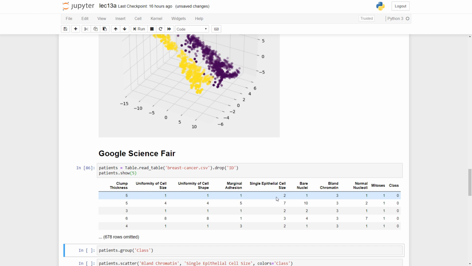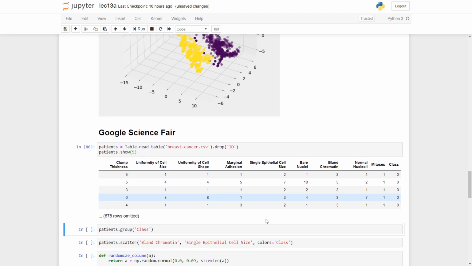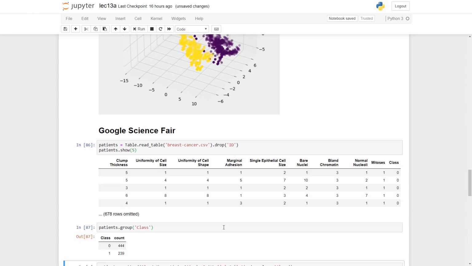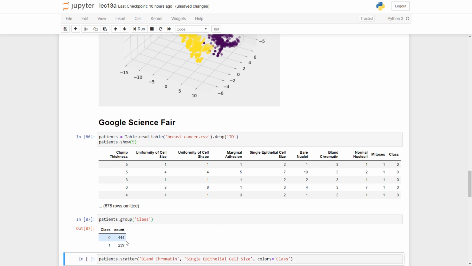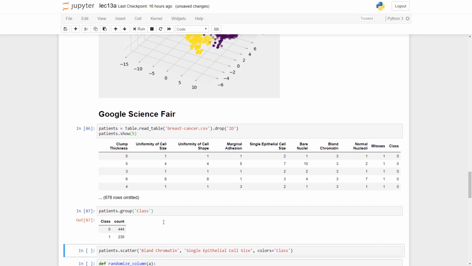So each row here is one image, and we want to detect whether it is benign or malignant. If we go by class, we find this distribution of the two possible labels.